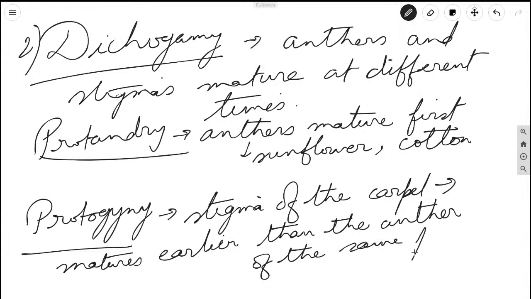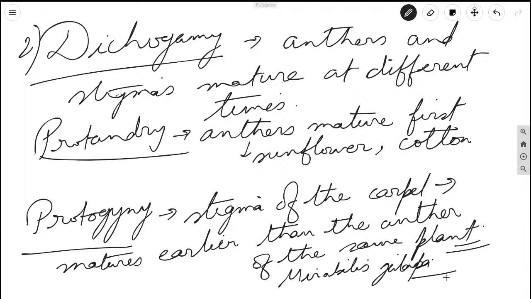The anther will not be releasing pollen grains when the stigma is extremely receptive, and thereby it will reduce the probability of the self-pollination event taking place, right? The examples are ranunculus and Mirabilis jalapa, that is the 4 o'clock plant. So they prefer protogeny.